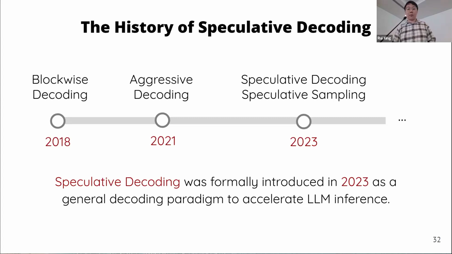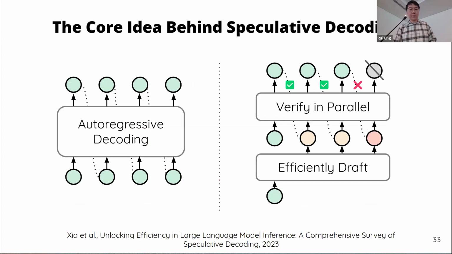There are some concurrent works that all proposed the same concept and established the foundation of speculative decoding. After that, the area has grown a lot and raised a lot of interest from industry and academia. Speculative decoding was formally introduced in 2023 as a general decoding paradigm to accelerate language model inference.